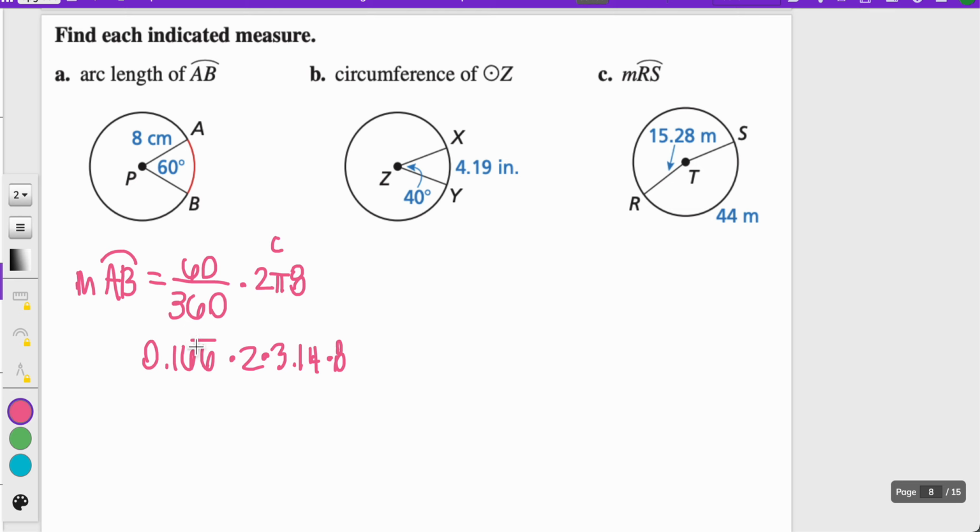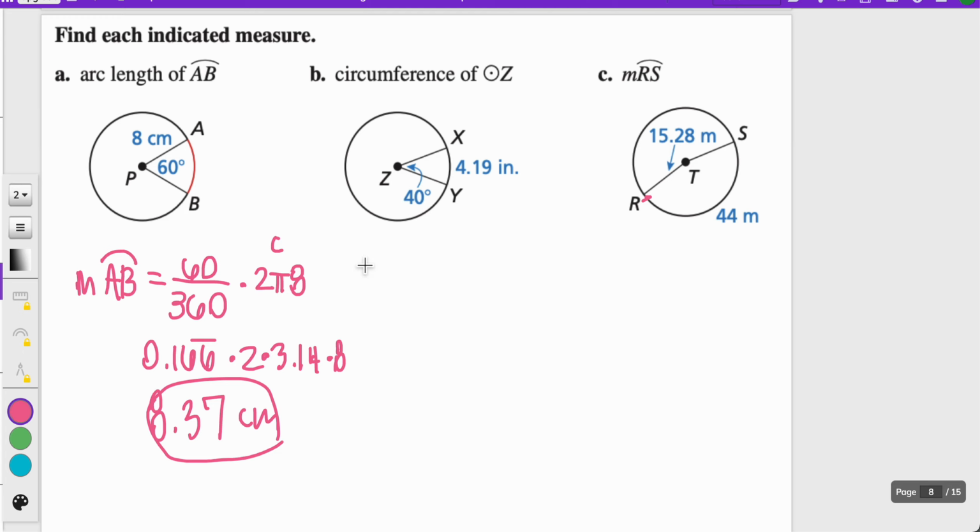And I'm going to get a long decimal, so I'm just going to shorten it to the nearest hundredth, 8.37. And we'll count that in centimeters. Okay. I'm going to skip letter C because that's the same thing we just did here, and instead talk about letter B.